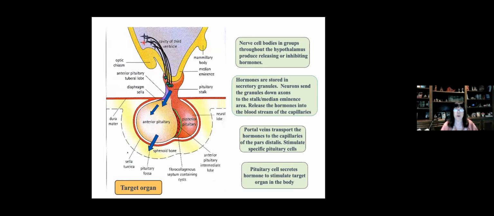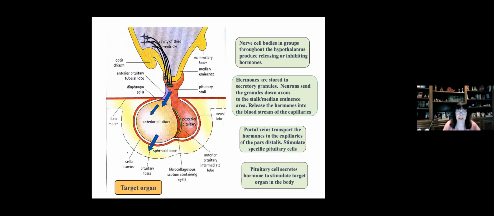Now, the way you regulate the pituitary is through the hypothalamic nerve cell bodies. And all regulation has to go through the blood supply, which is right here in the median eminence and stalk region. And I'll show you more pictures of that as we go along. But you start with neurons up here in various nuclei, and they send their axons down to end on the blood supply in this region.